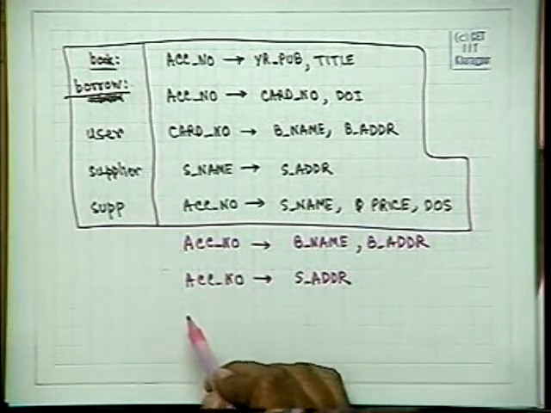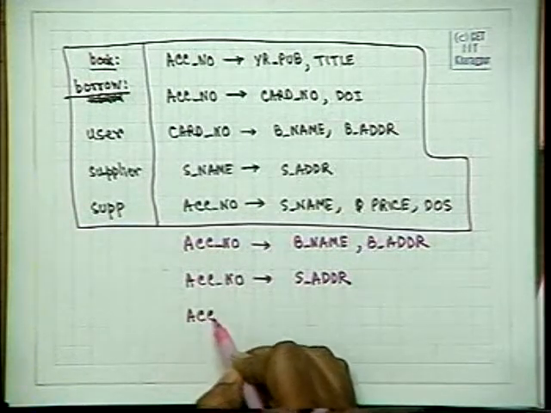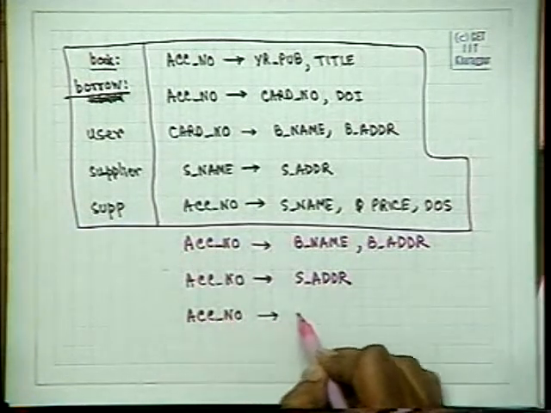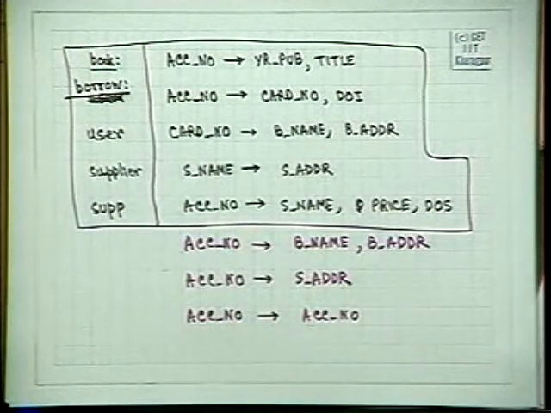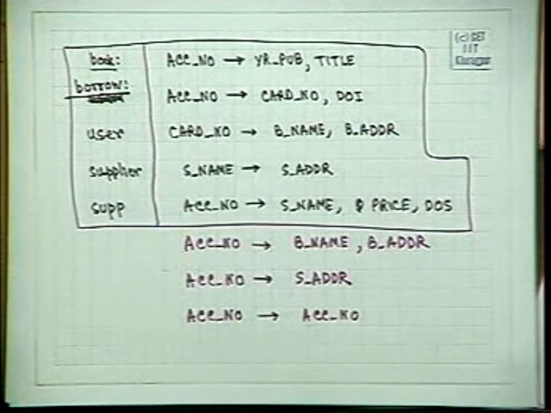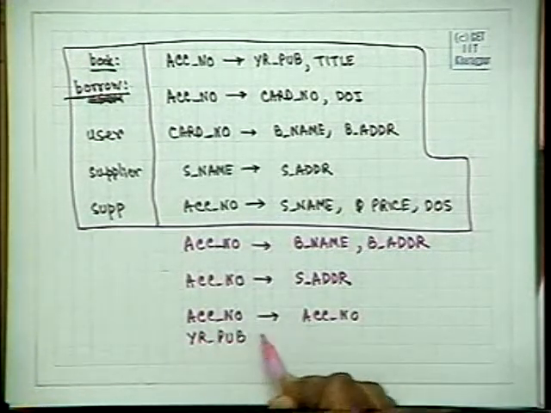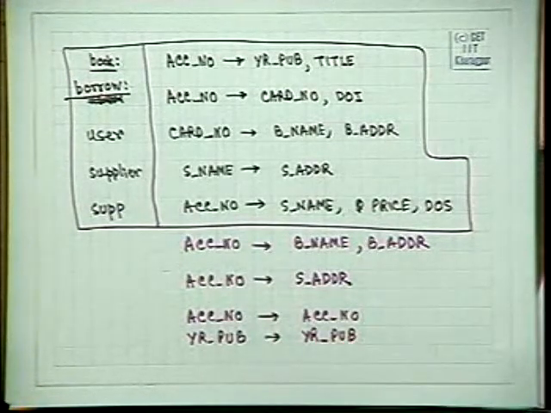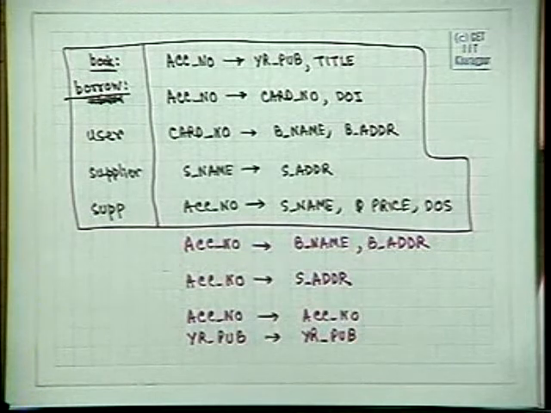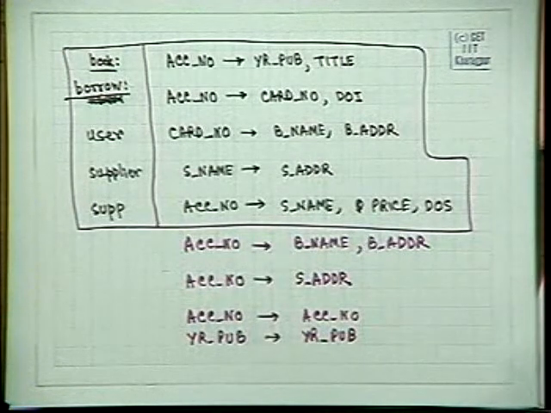Among these, for the sake of completeness, we will also have the obvious ones. Accession number gives accession number. Similarly, year of publication gives year of publication. Also, we will have the irredundant ones in the complete database.